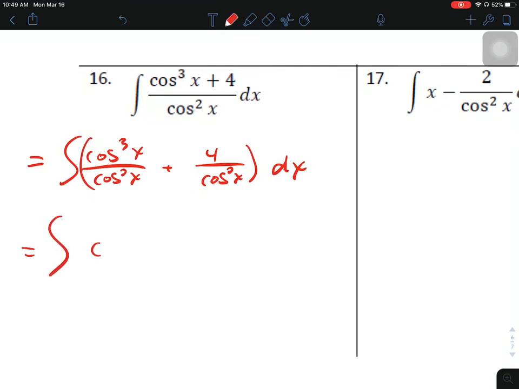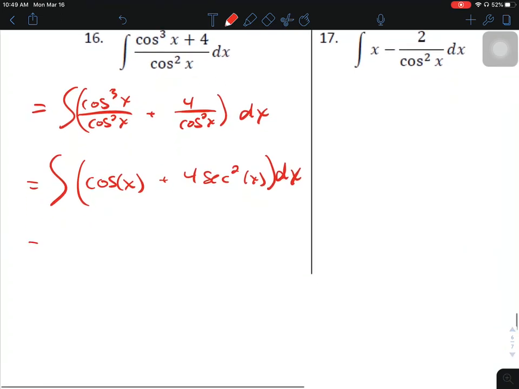Cosine cubed divided by cosine squared is cosine of x. And I can write this as 4 secant squared of x. Now we can integrate each of these. The antiderivative of cosine is sine of x. Bring down the coefficient. Antiderivative of secant squared is tangent of x, plus your arbitrary constant.